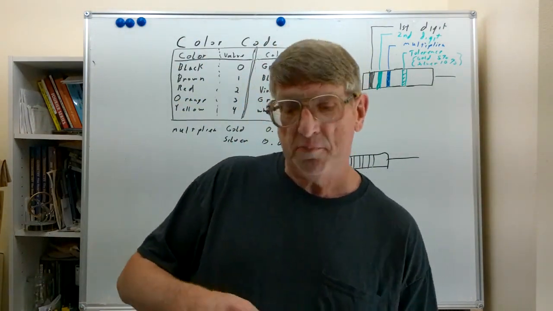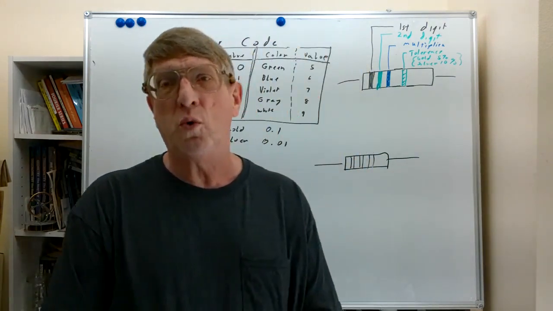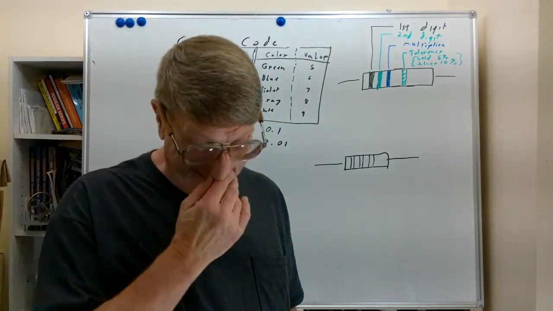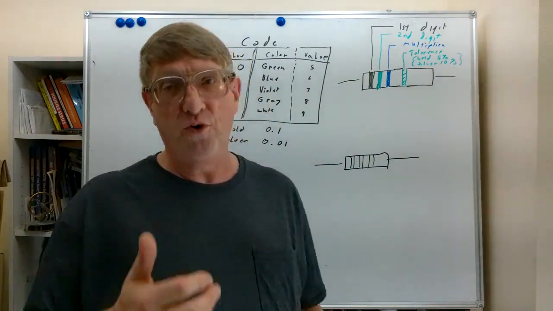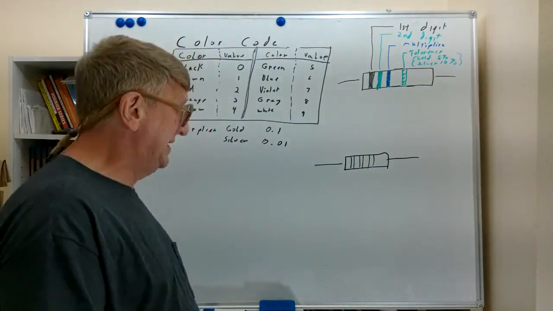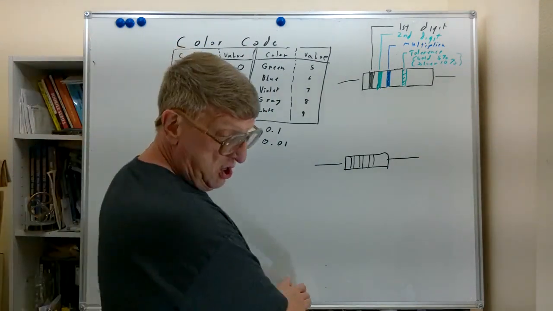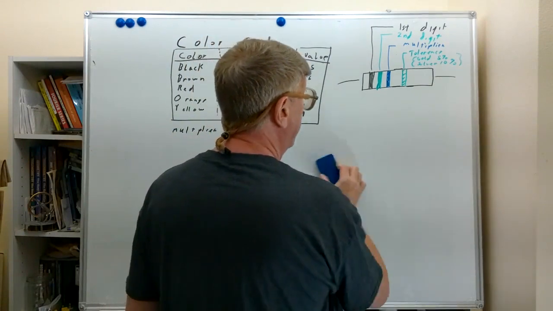These carbon composite resistors come in wattages from 1/4 watt up to about 5 watts. And that, like I said before, is how much heat can be safely dissipated from that resistor without overheating it and destroying it.